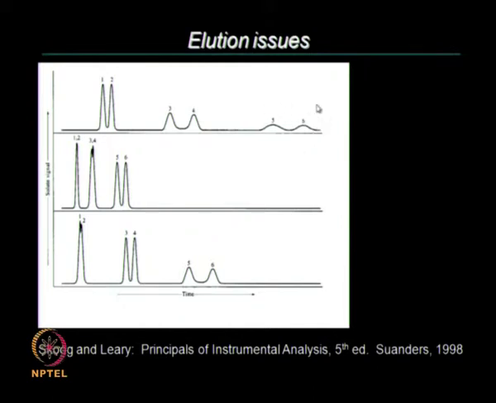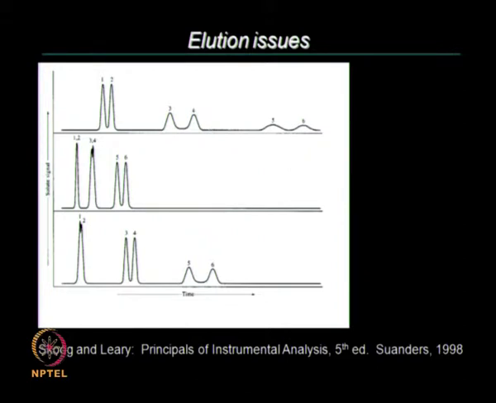So we will not be able to accurately measure component 5 and 6 concentration, and it is happening after a very long time, because as you know the base x axis is time. So you are extending unnecessarily your analysis time.